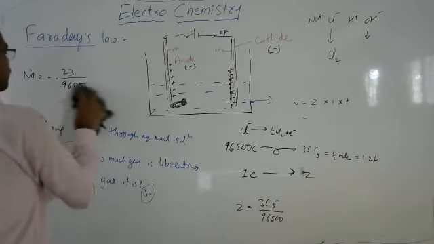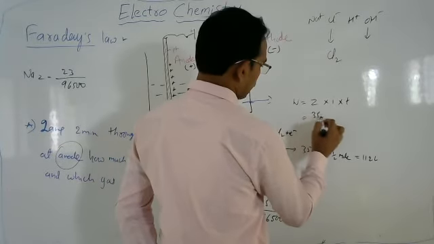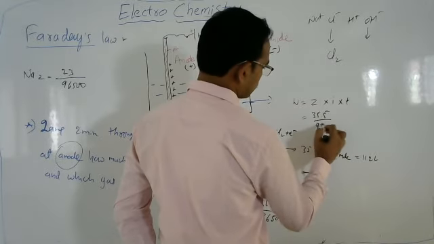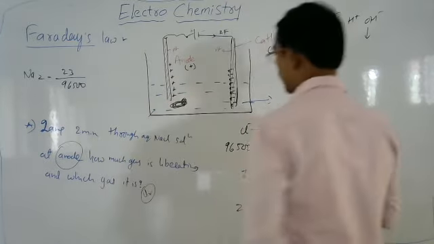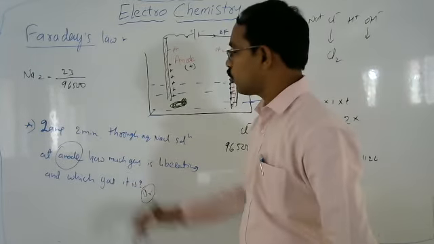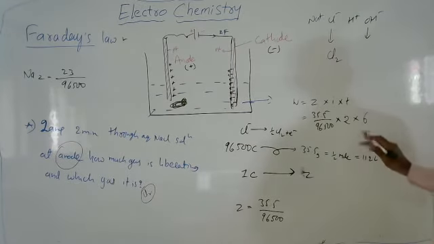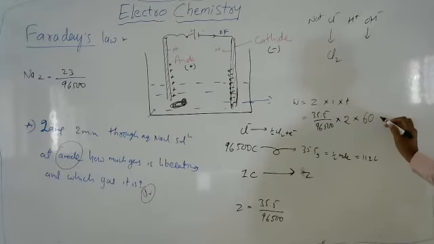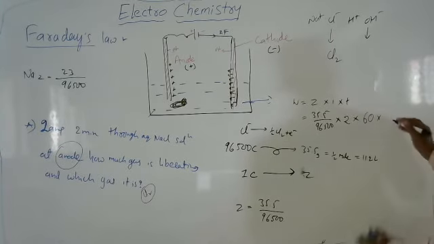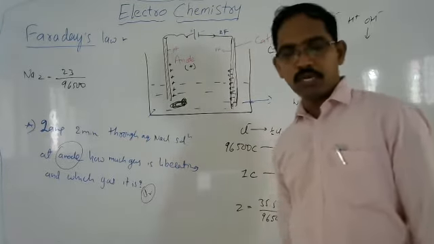Now put this value here: 35.5 upon 96,500, into I equal to 2. Then T in seconds: T equals 2 minutes. 1 minute means 60 seconds, so 2 minutes means 2 into 60 seconds.